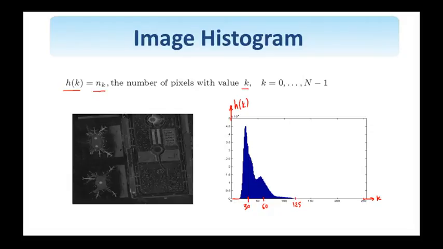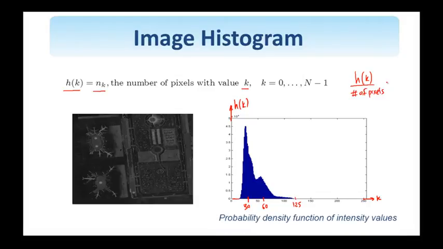So again, the histogram gives me the distribution of the intensity values in the image, and as a matter of fact, if I take h of k and divide it by the number of pixels in the image, then each value is less than 1. The sum of all the values, or the area under this curve here, is equal to 1.